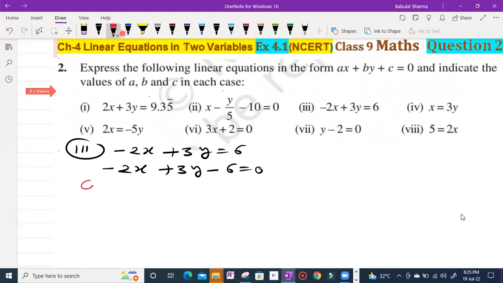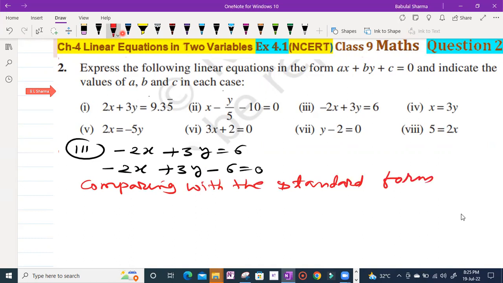Now, comparing with the standard form of linear equation in two variables, that is ax plus by plus c is equal to 0.